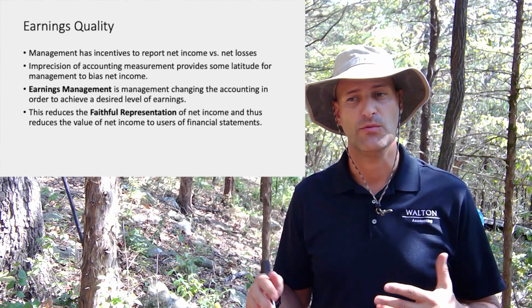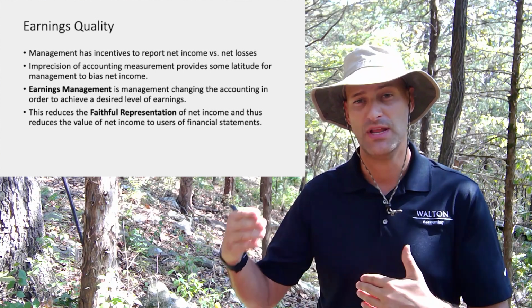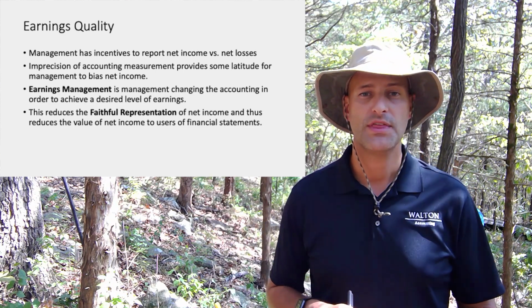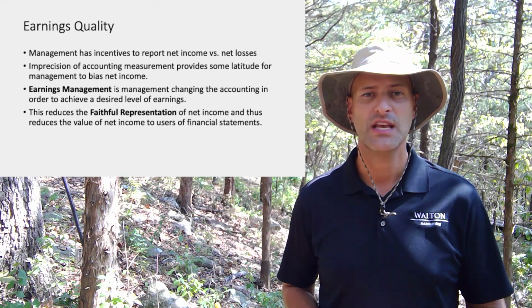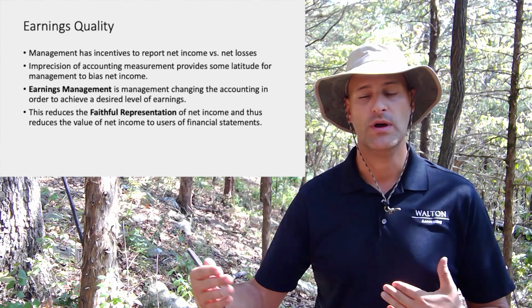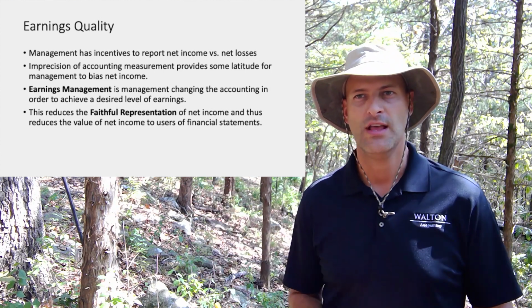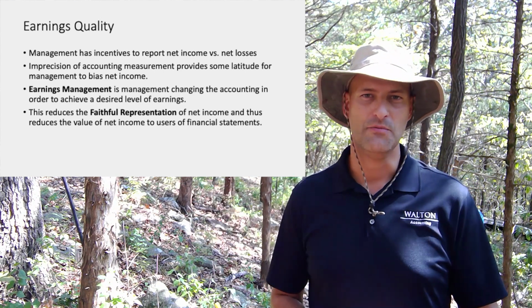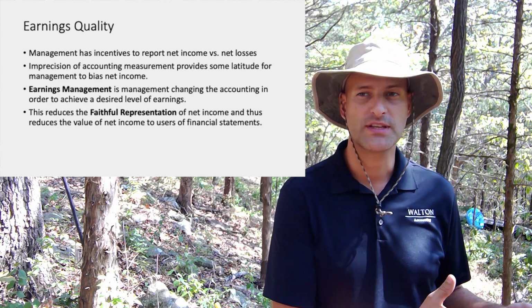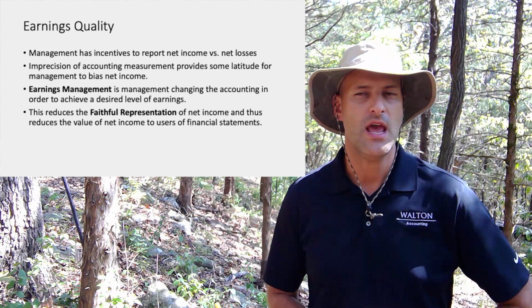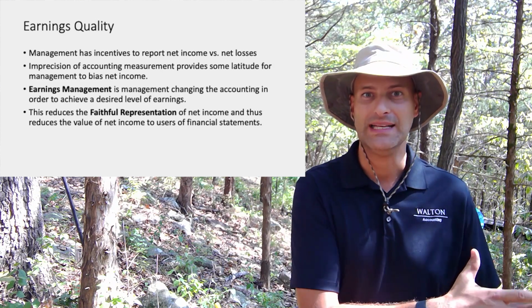If we move on, we talked about earnings quality and this idea that there can be earnings management, where management intentionally manipulates or interferes with the accounting measurements or accounting statements to make them reveal what management wants them to say. Now, there's a good side of this in that we want management's knowledge of the company and of the performance of the company to come through. However, we don't want their biases to come through.